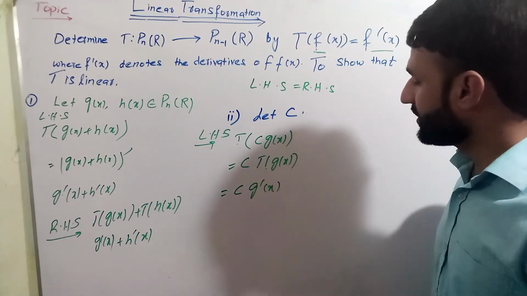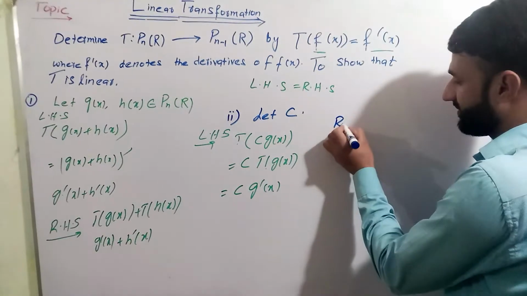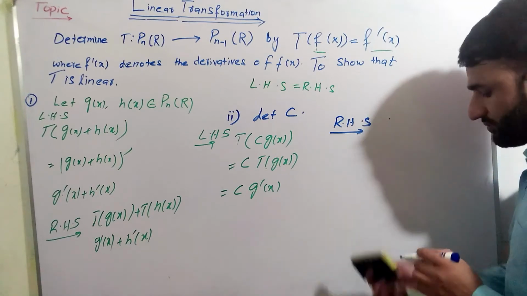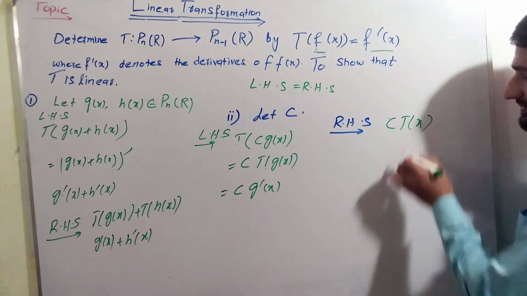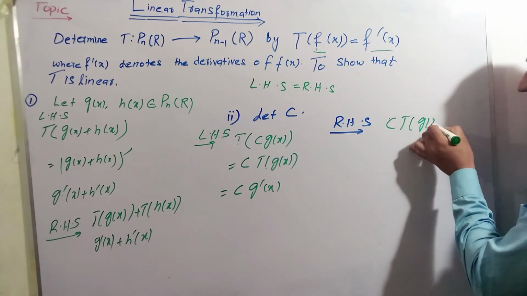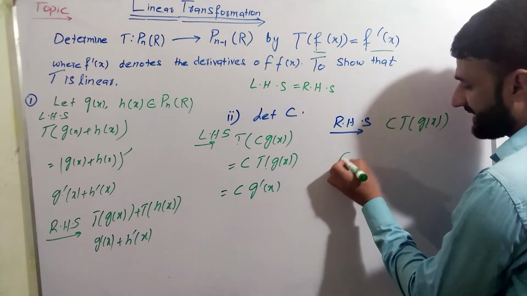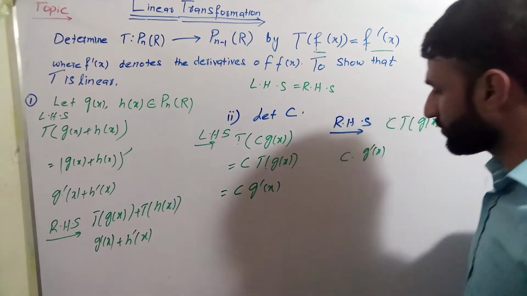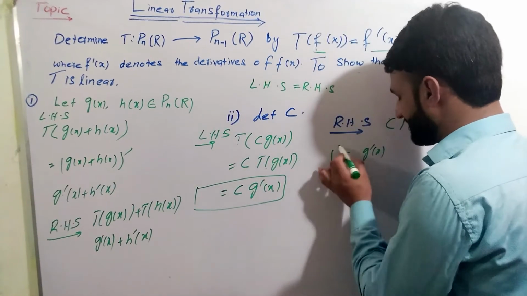Now we choose the right hand side, that is c into T of g of x. If we apply the same function, we get c into g prime of x. If you notice, the left side of the expression is equal to the right side.